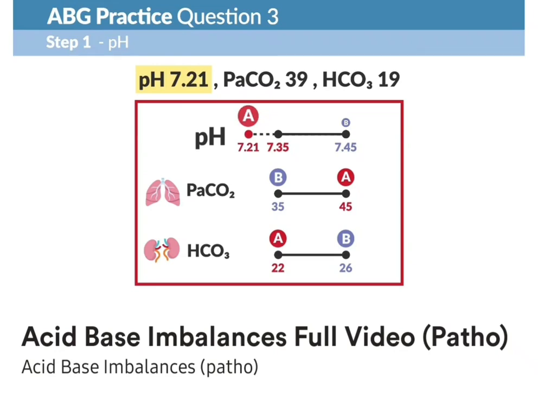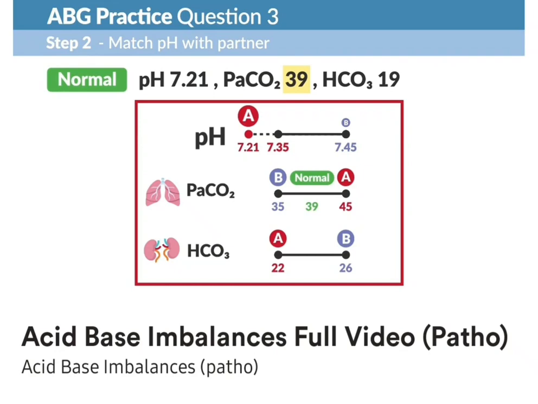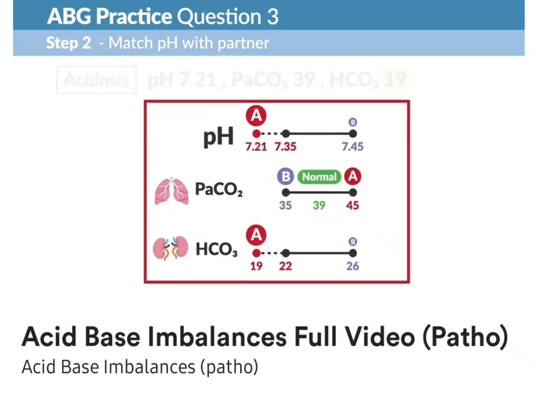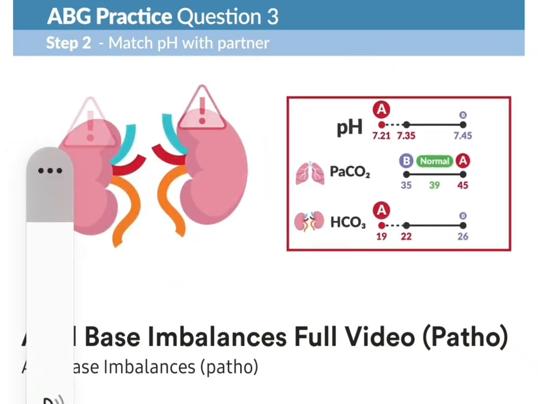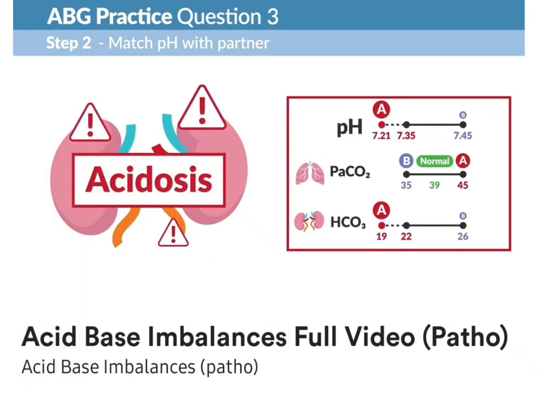So we know it's the A of acid. Then in step 2, we're going to find our acid match here. So CO2 is 39, that's in normal range, so there's no match. And HCO3 is 19 on that A side, so we have our acid match. So the kidney icon tells us it's metabolic acidosis.